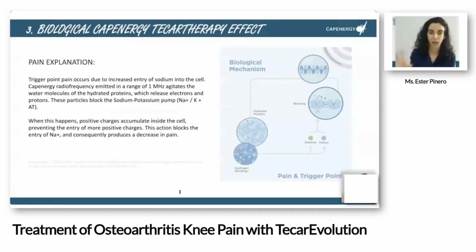objective that we have is to decrease the pain. We know that TECAR therapy makes an input in the nervous system, in the parasympathetic system, and then we relax. Another important thing is that we make an input in the trigger points and in the pain of trigger points. And this is very important to explain because we have an influence on the cell.